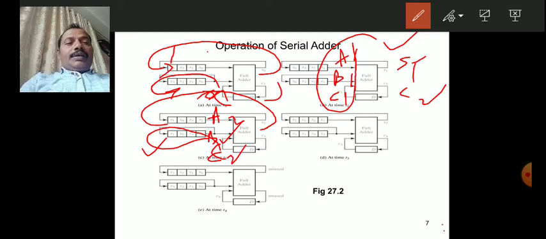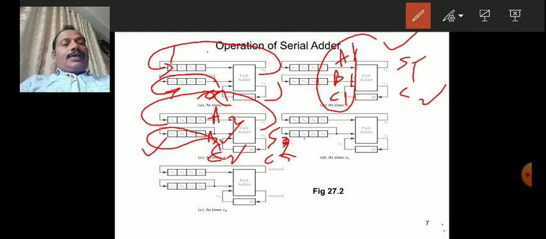At time T3, once again these bits are available. Now the full adder will add the 3 bits, it produces S2 and C3 is produced here.